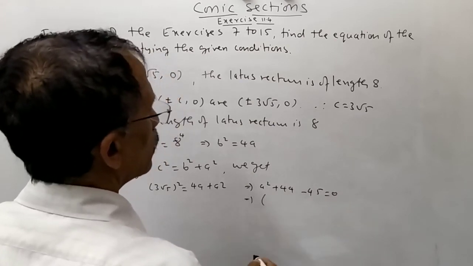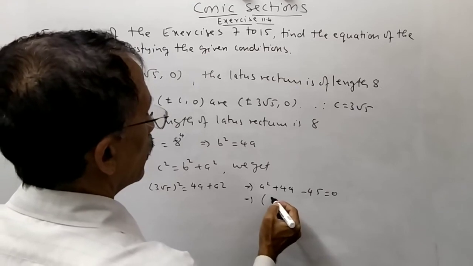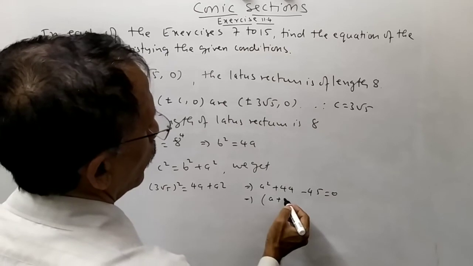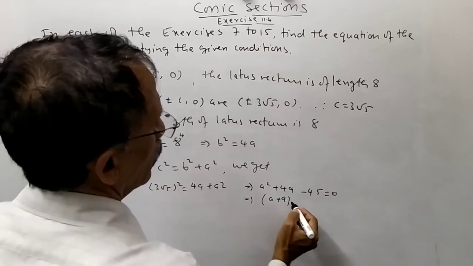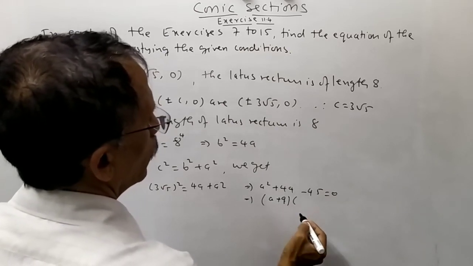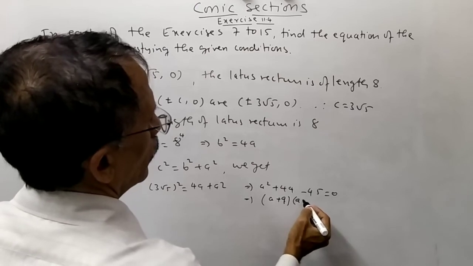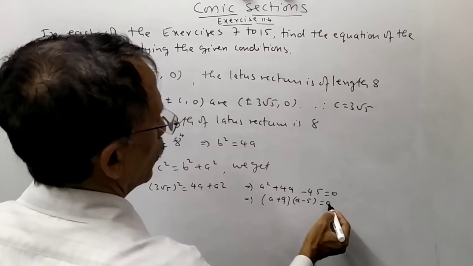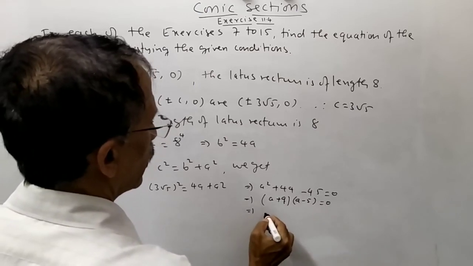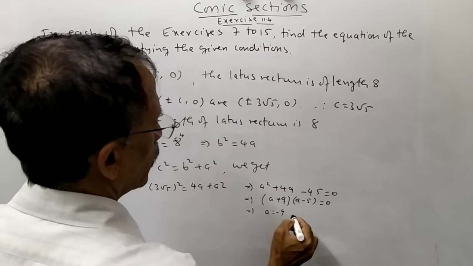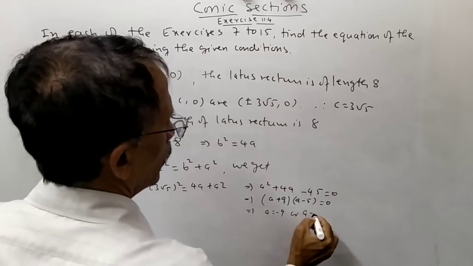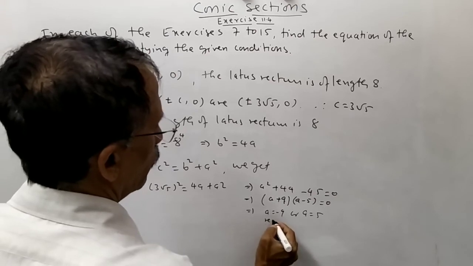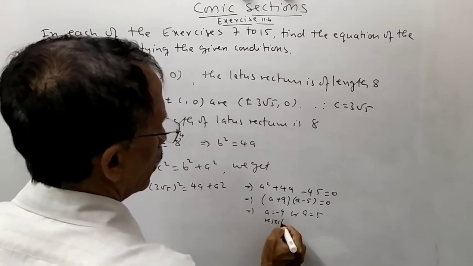This implies a plus 9 into a minus 5 is equal to 0. This implies a is equal to minus 9 or a is equal to 5. a is equal to minus 9 is rejected.